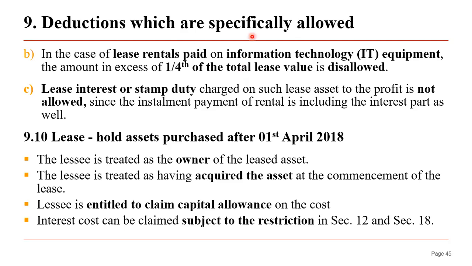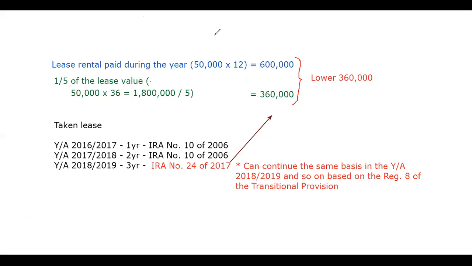Nothing is new. 1/4 of the lease value, you need to consider only the fourth. If it is IT equipment, you need to consider this one as 4. Right? No difficulties. You can easily calculate and see the allowable lease allowance.